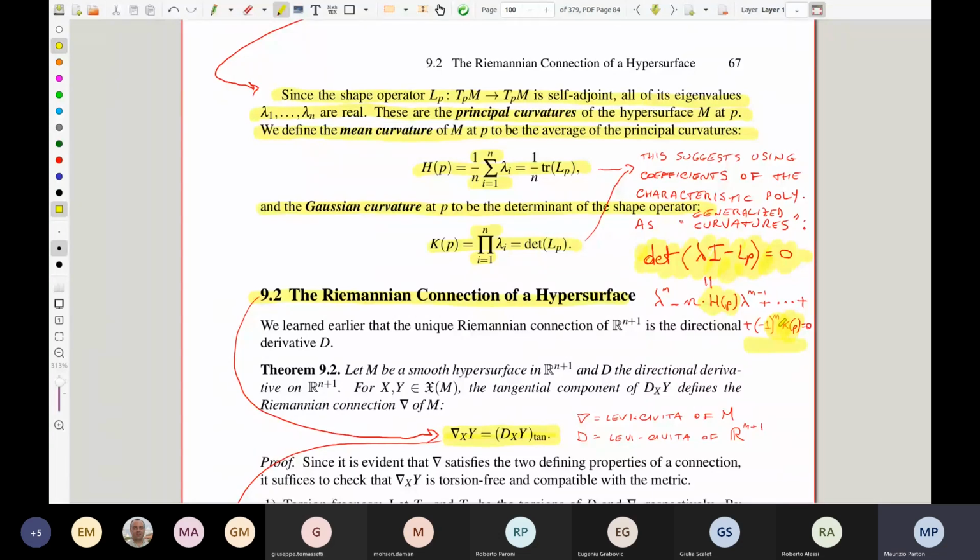But there is a very nice and very easy reason showing that if you take the coefficients of this characteristic polynomial of even degree, they are intrinsic, because they are essentially combinations given by the Riemann tensor. Remember that the Riemann tensor R is a two-form.